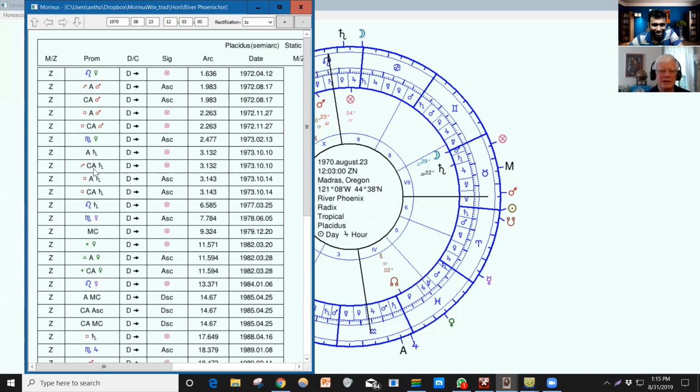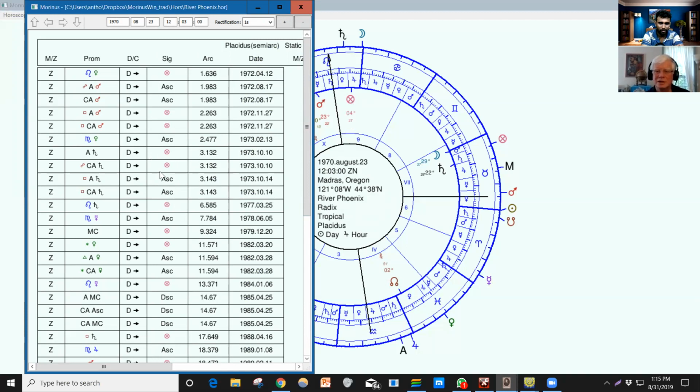Sure. The contra anti-scion of Saturn also is affected by, you would expect that. The square of the anti-scion of Saturn is on the ascendant. Okay, came to the ascendant. So he's got these major Saturn aspects going on at age 4, affecting his part of fortune and the ascendant. Which I think is impressive.